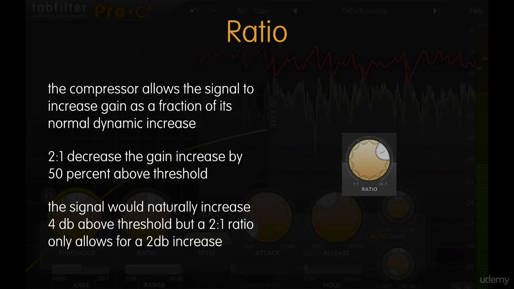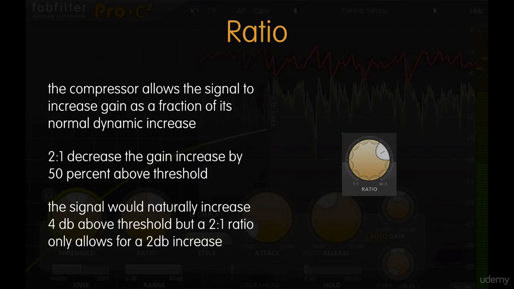The ratio is the severity of the compression once it crosses the threshold, the attack time has been achieved, and the gain reduction kicks in. How much gain reduction, right? It always is an expression of the intention and the actual amount it's allowed to go up.